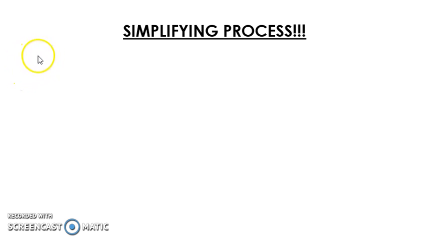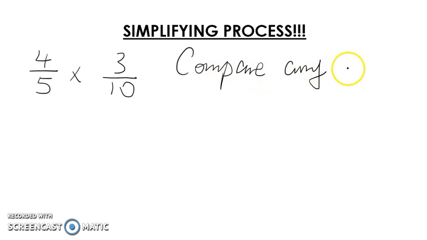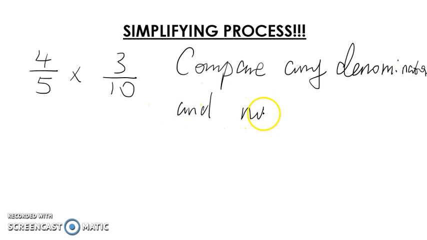So let me copy down the question that we had before. 4/5 times 3/10. So how do we do the simplifying process? Basically, compare any number from the top, any denominator and the numerator.